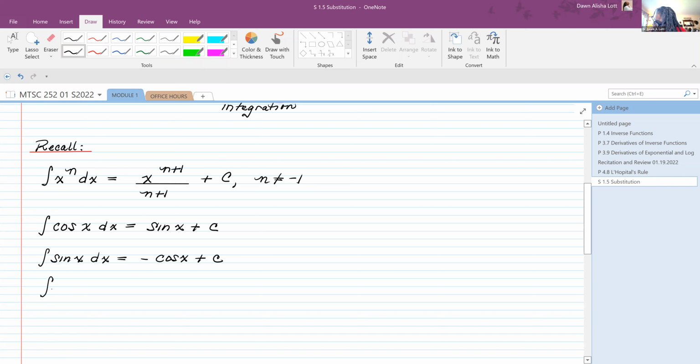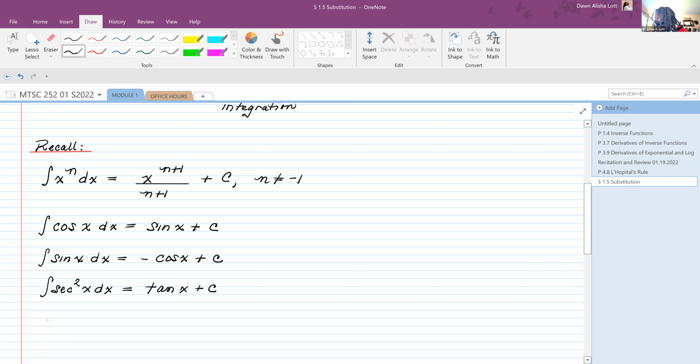The integral of tangent, we'll learn in a minute. We don't know the integral of tangent yet. I'm going to teach it to you. I think that's as far as we can go. We know the integral of secant squared x is tangent x.